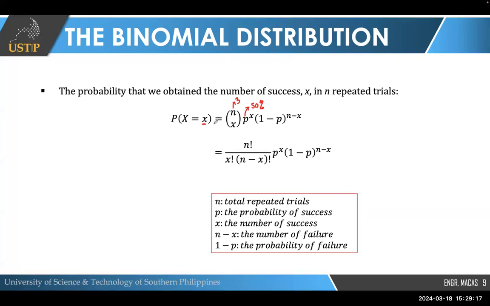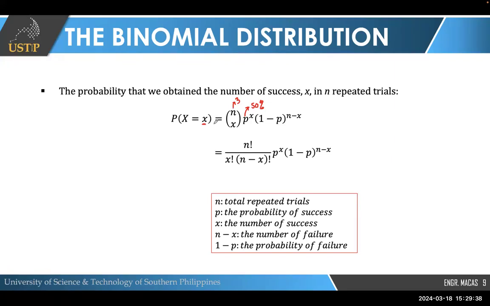Basically, class, if we flip the coin 3 times, we want to know its probability distribution. How do we get that? We analyze or we solve for the probability that within n trials, which is 3 times, what is the probability that you get no head.